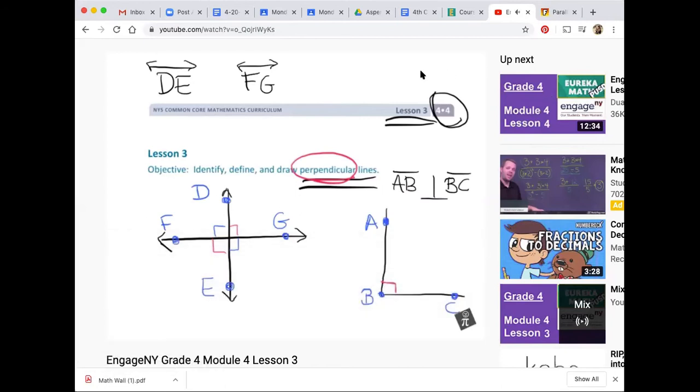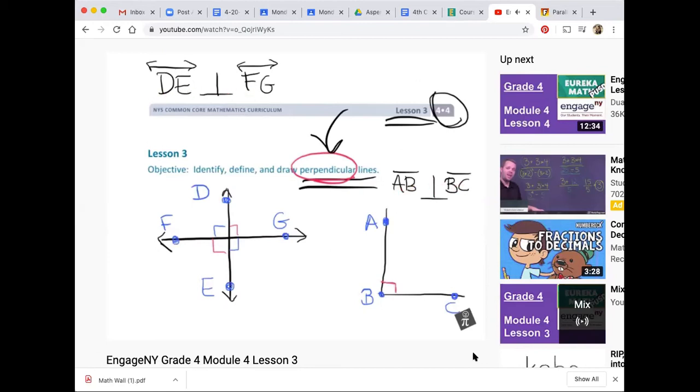And now to show that these two lines are perpendicular, meaning they form 90-degree angles, I'm going to draw that perpendicular symbol. It's that upside down T. So that's what perpendicular is: two lines or line segments that form one or more 90-degree angles. And this is the symbol that you use to show that these two things are perpendicular.